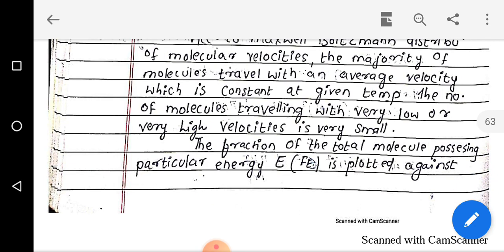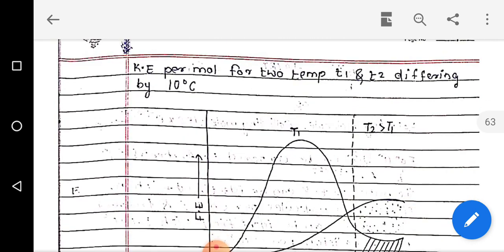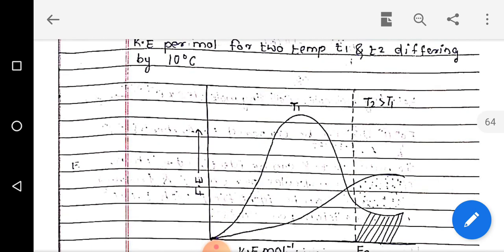So the velocity at a particular temperature is constant, and the velocity increases with increasing temperature. So the number of molecules traveling with a very low or very high velocity is very small. So the fraction of the total molecules possessing the particular energy E is plotted against the kinetic energy per mole for two temperatures T1 and T2 differing by 10 degrees centigrade.